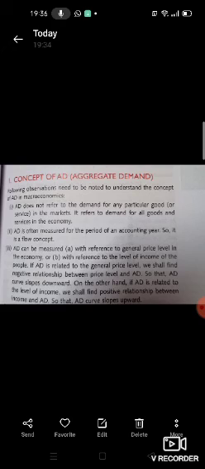On the other hand, if AD is related to the level of income, we shall find a positive relationship between income and AD, so that the AD curve slopes upward.